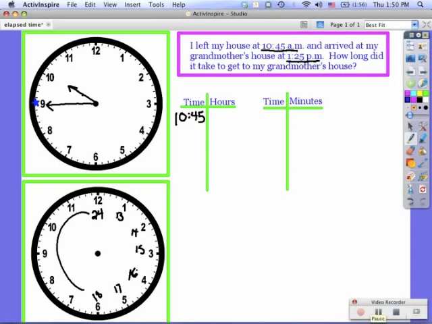So I want to move it in 5s, and the blue star is where I want to stop. It's going to be 1 hour.